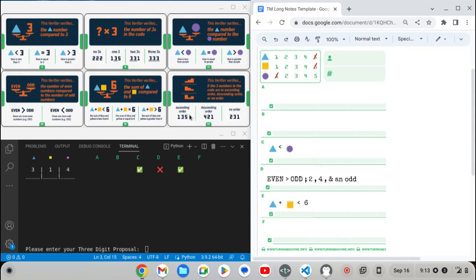So no, it can't be ascending. And if it was descending, then you know it would go, say, something like 4 to 3 to 2. And of course, in that case, triangle would be greater than circle, again making criteria card C irrelevant. So I think it's safe to deduce that the solution has no order.